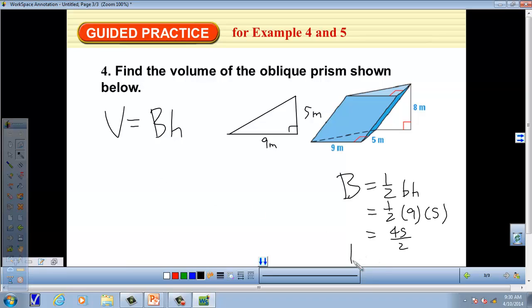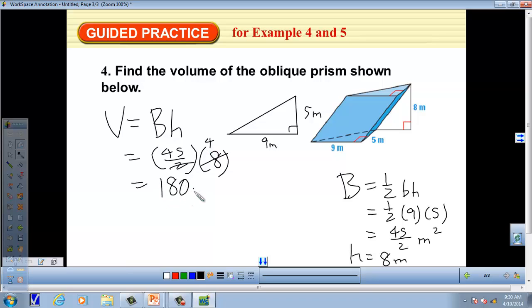So our height happens to be 8 meters. And this was 45 over 2 square meters. So we're going to multiply 45 over 2 times 8. A little bit easier than doing surface area. So 8 divided by 2 gives me 4, and if we multiply that out, we get 180 cubic meters. Okay?